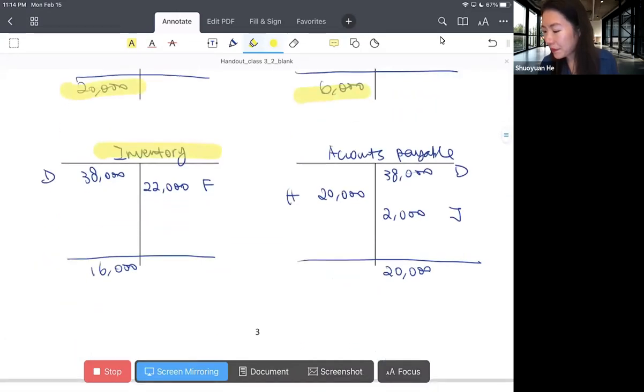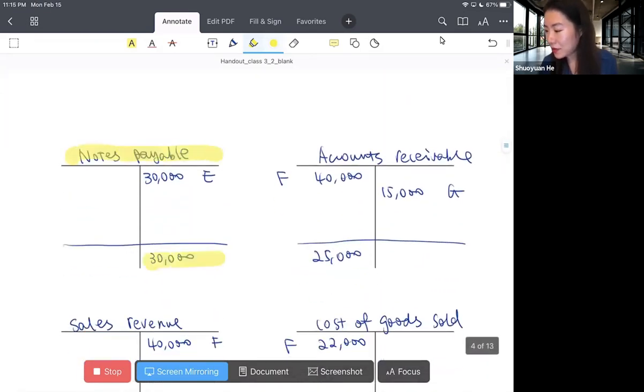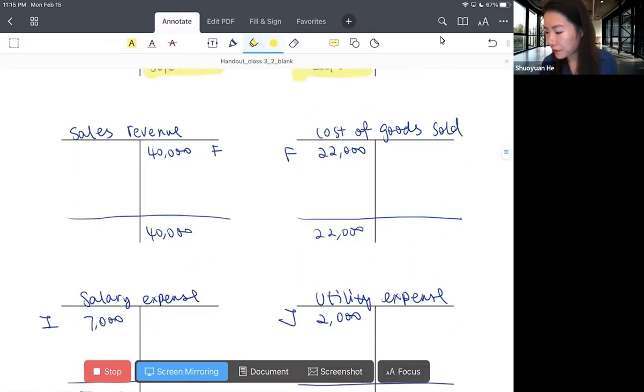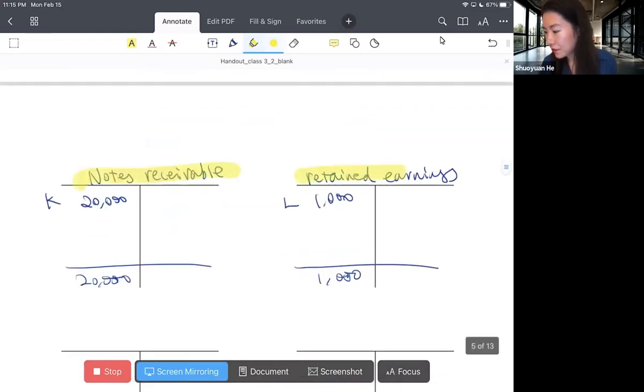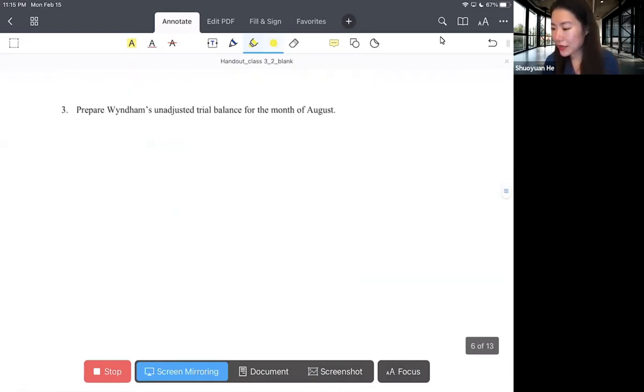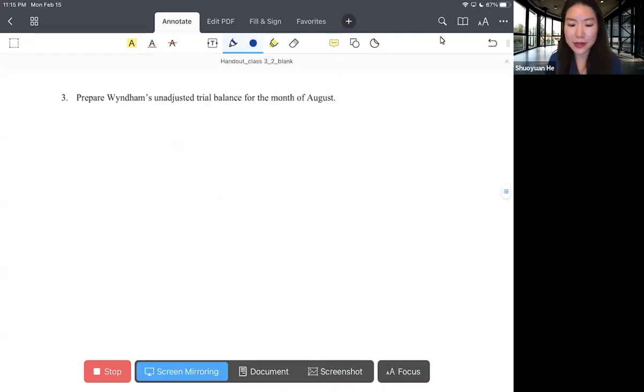So we take all of those accounts and their balances and list them. So those numbers, we make them into a list, and that is called the unadjusted trial balance.